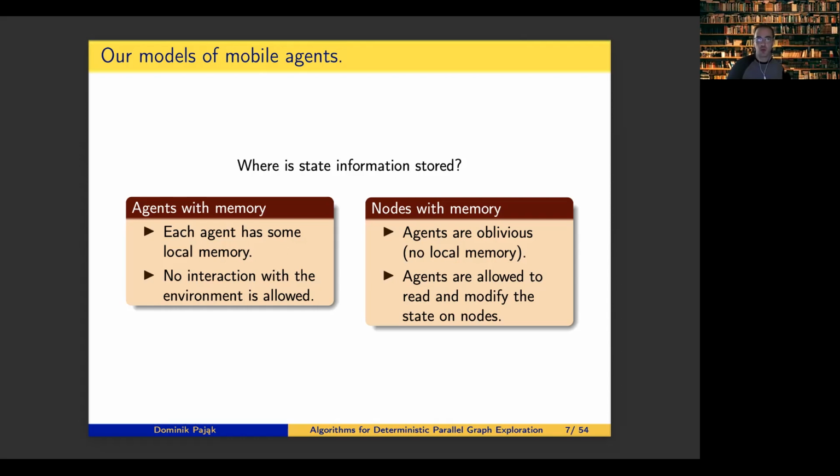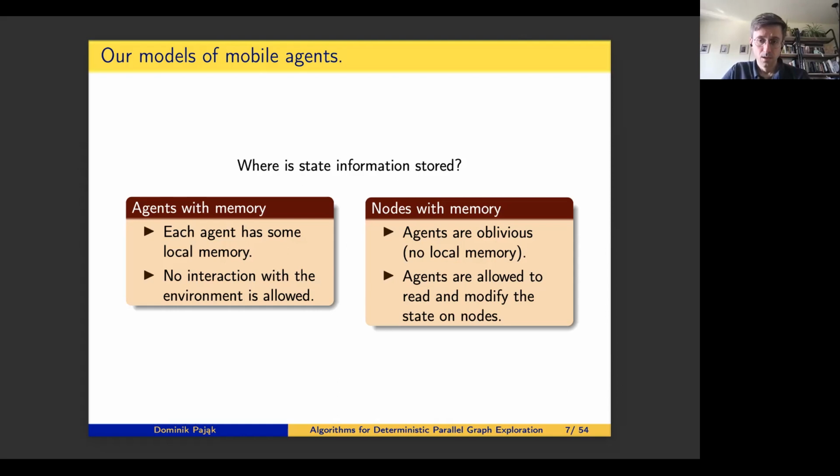I don't know if it works or not. The initialization is definitely a topic, and I've seen some papers where it makes a big difference how you initialize the agents. But we just assume the worst case, so that we have a guarantee that no matter where they start, they will explore in this time.